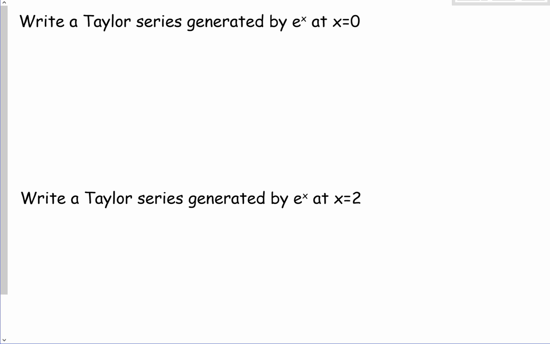So if I start with saying that f of x is e to the x, then I need to know for my first term what f of 0 is. If I plug 0 into that, I get 1. So the first term of my series is 1.